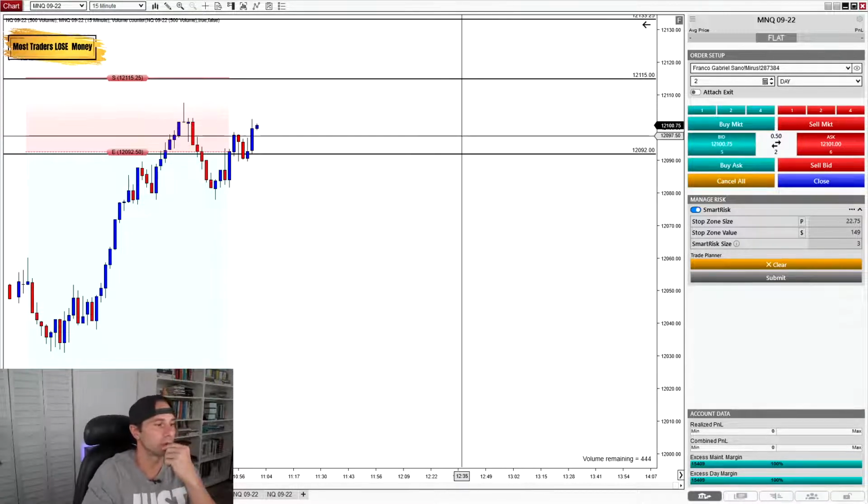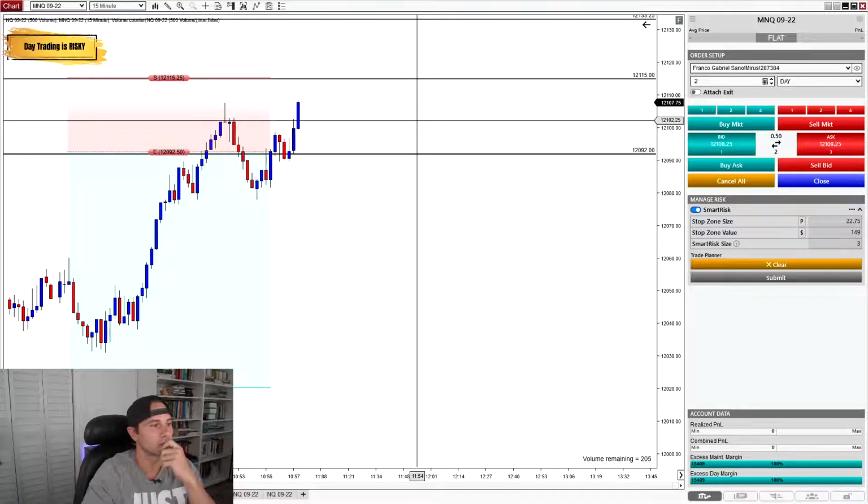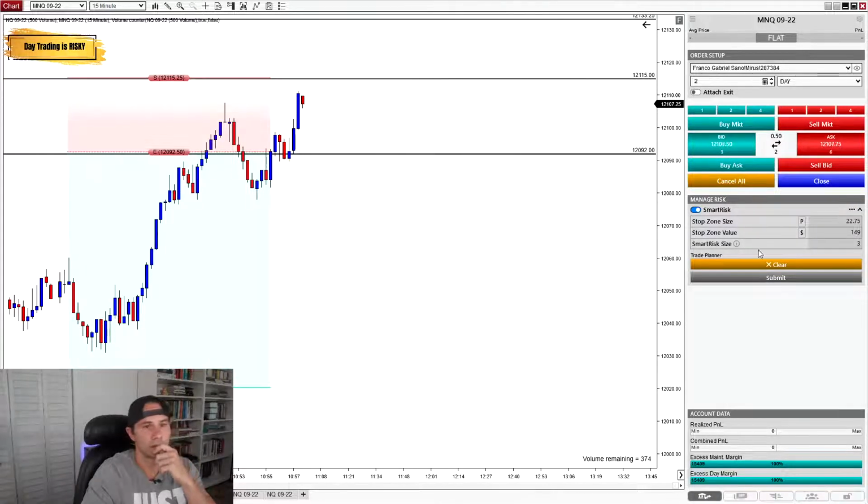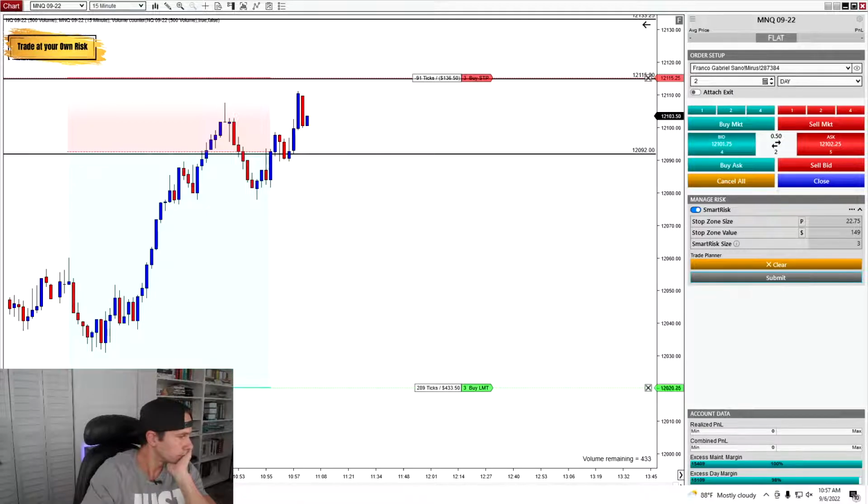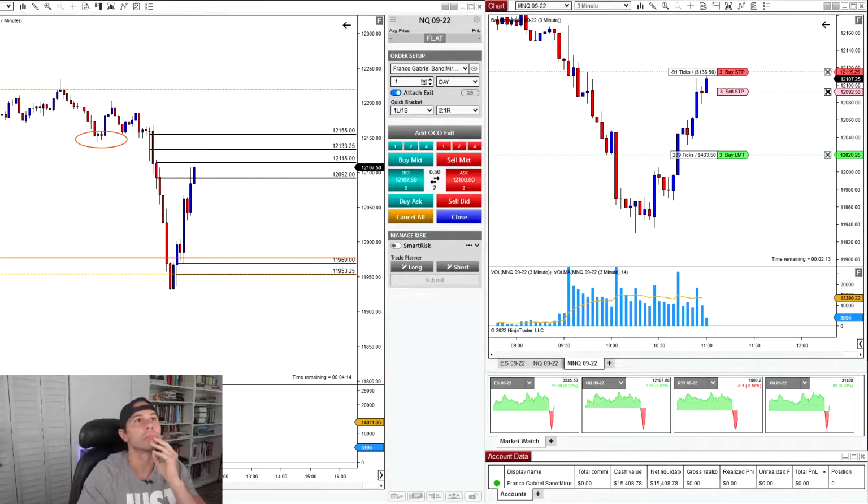The tick chart finally broke to the upside. So I will put the order right there. If this thing breaks to the downside, then I will be in this trade. And if it breaks to the upside, I will be ready to activate the 133.